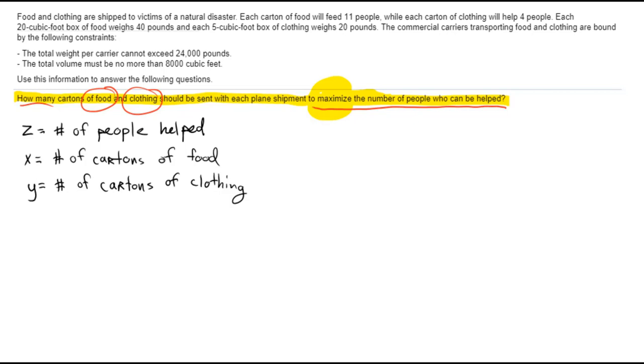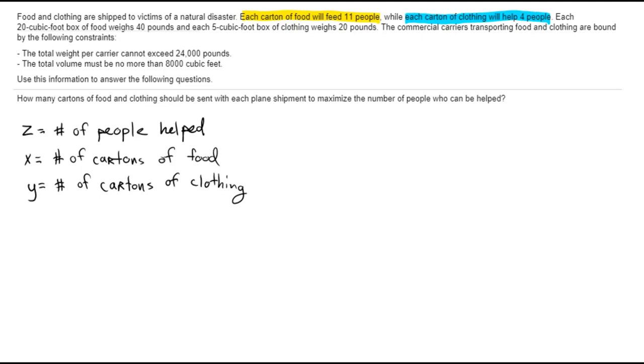Now that we have that, we need to use those variables to set up our objective function. That's where we go back to the problem and read how the number of people helped relates to the number of cartons of food and the number of cartons of clothing. In the problem, each carton of food will feed 11 people and each carton of clothing will help 4 people.